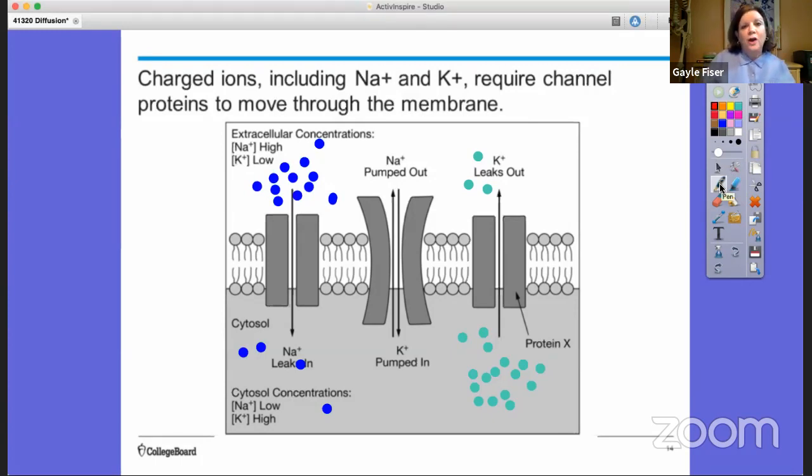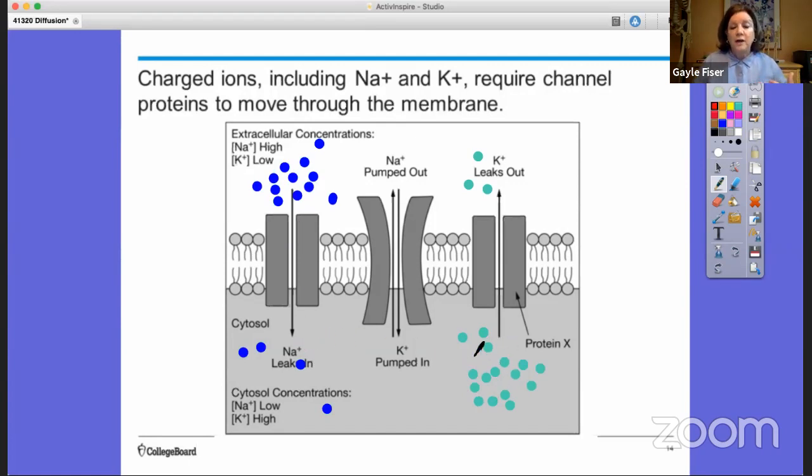All right, so charged ions, including sodium and potassium, require channel proteins to move through the membrane. If you look here, it says sodium's high on the outside of the cell. So we have a high concentration of sodium, and it's going to move to a lower concentration of sodium. It's going to move from high to low, and it can only do that through a sodium channel.